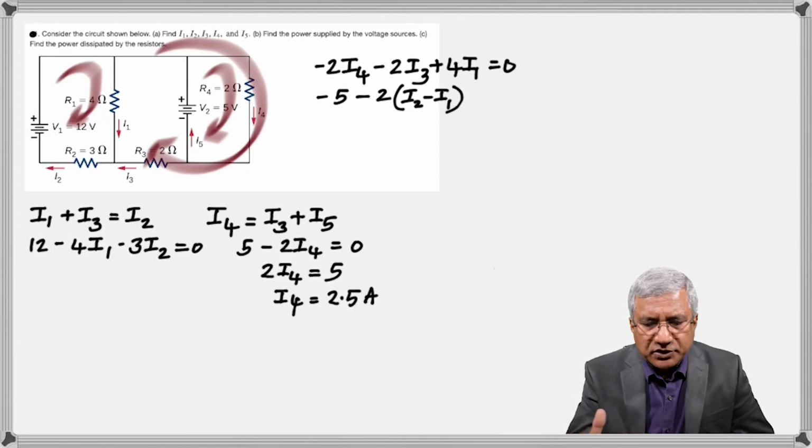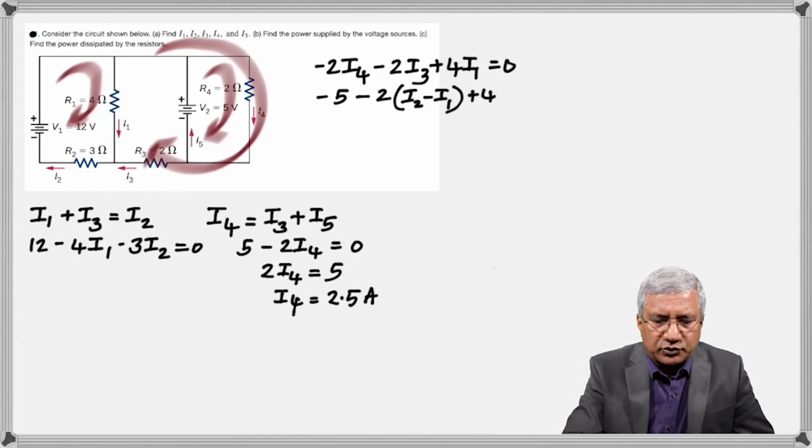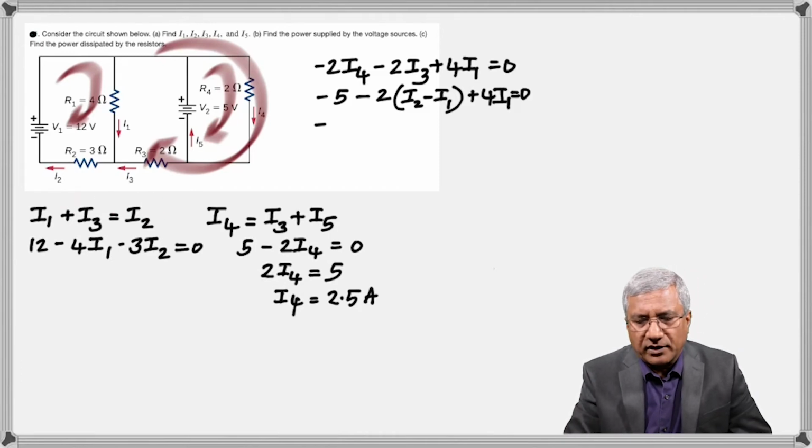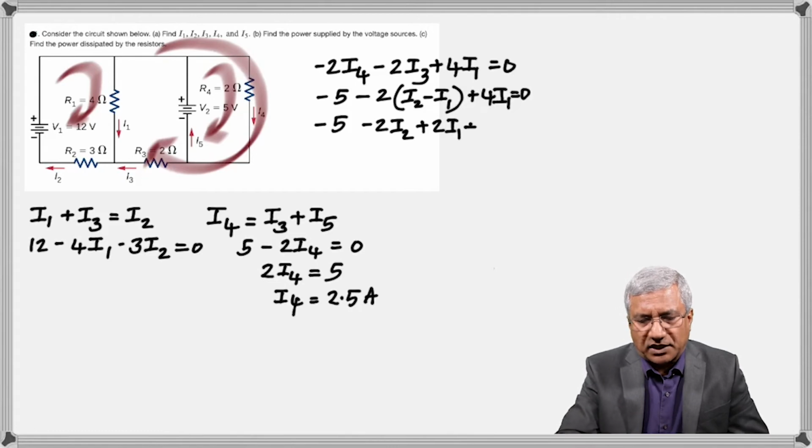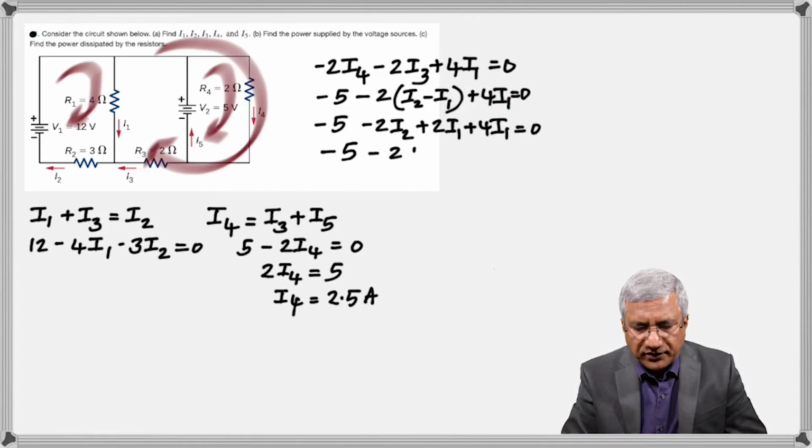And then I am substituting for I3 as I2 minus I1, because I3 is going to be I2 minus I1. I'm trying to get an equation with two variables, I1 and I2. Distribute that. It's minus 2I2 plus 2I1. And then you have 4I1. So that will be 6I1, right? Minus 5 minus 2I2 plus 6I1 is equal to 0.